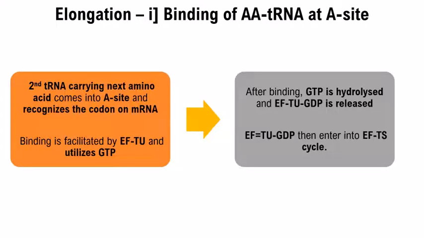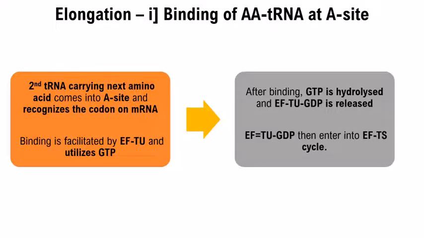This amino acid is specified by the second codon on the mRNA molecule. So the amino acid tRNA, which has an anticodon sequence complementary to the second codon on the mRNA, will bring the respective amino acid and load it at the A site on the ribosome.